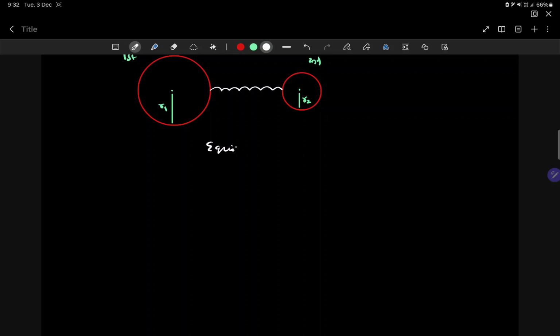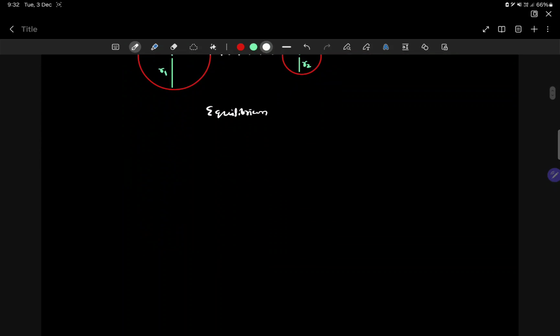As they attain equilibrium with respect to each other, what is the meaning of equilibrium? It means potential of first sphere is equal to potential of second sphere.